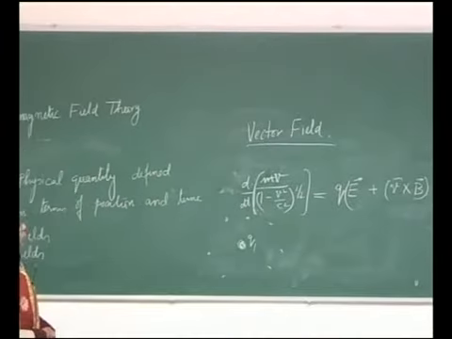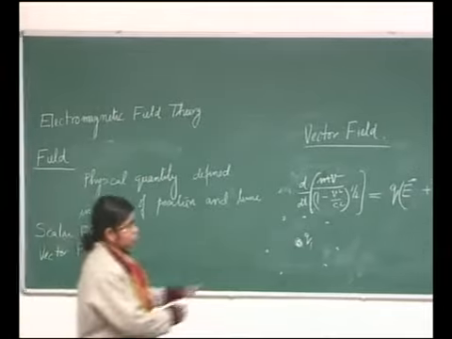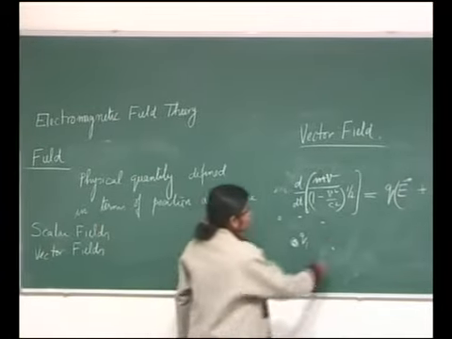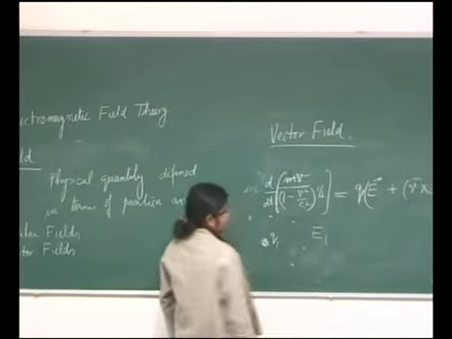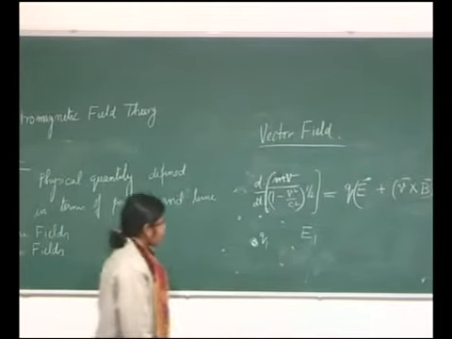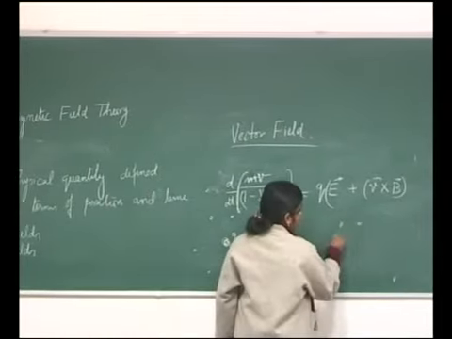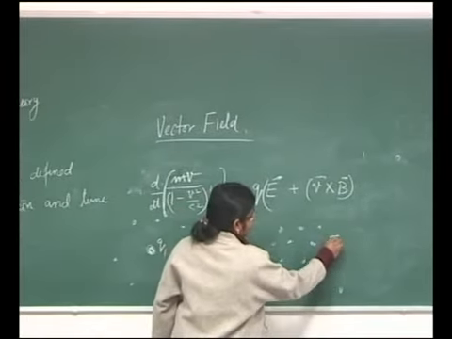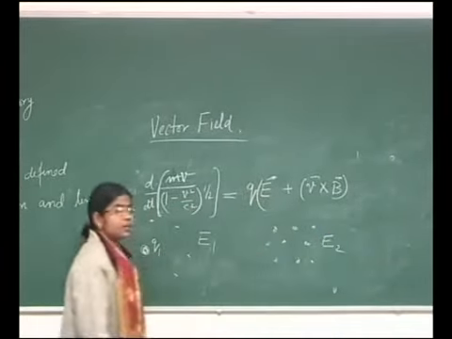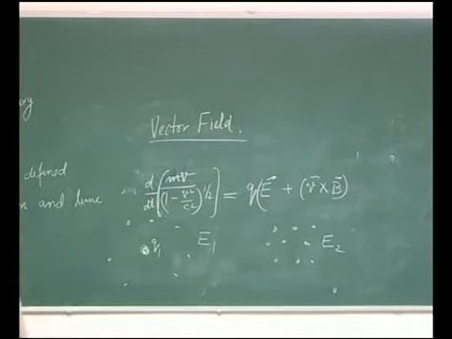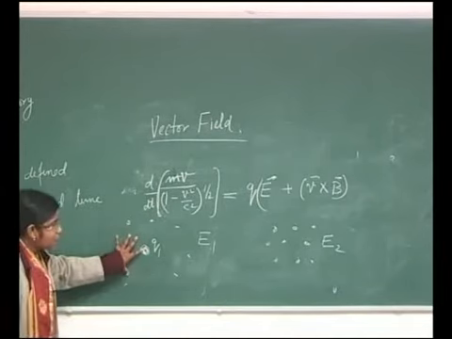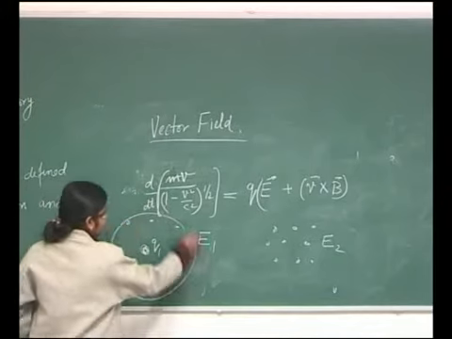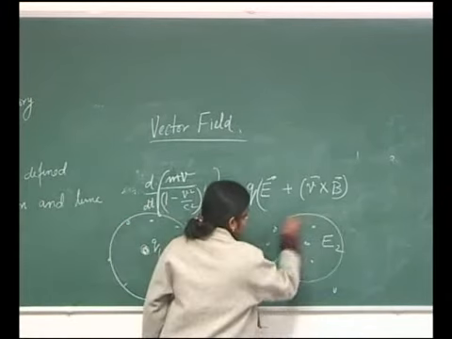Another thing is, I have a group of charges here, and say the total electric field generated by them is E1, and I have another group of charges somewhere else and the electric field generated by them is E2. These are in separate spaces.